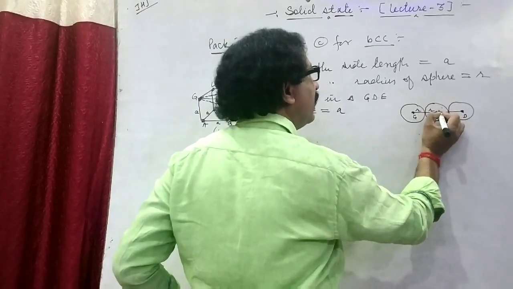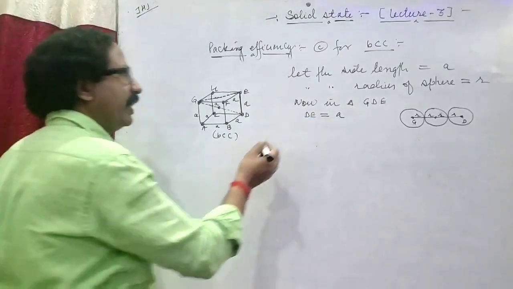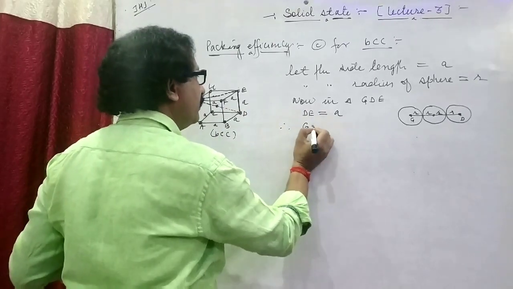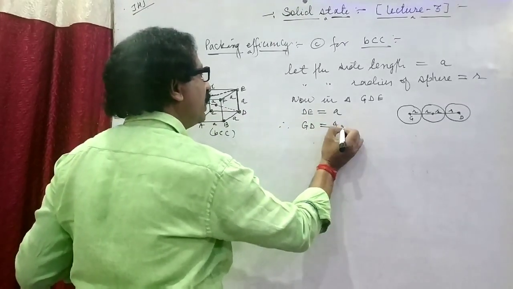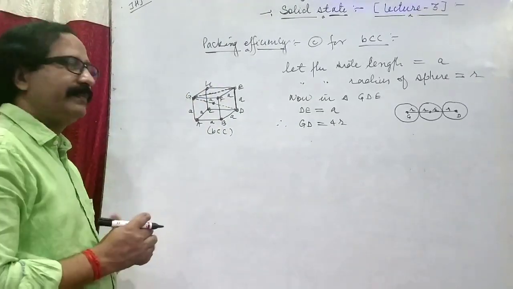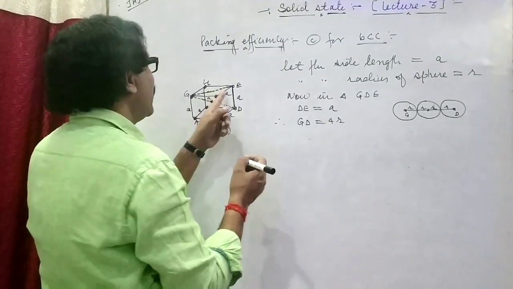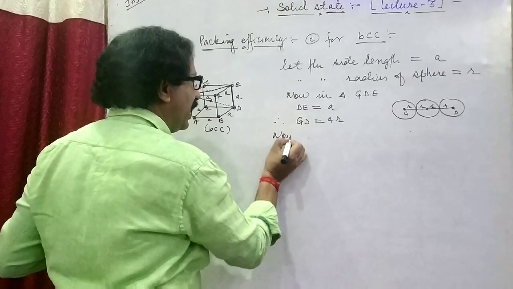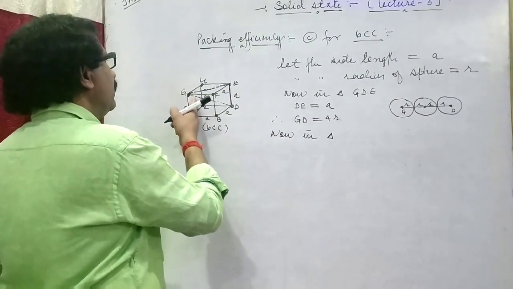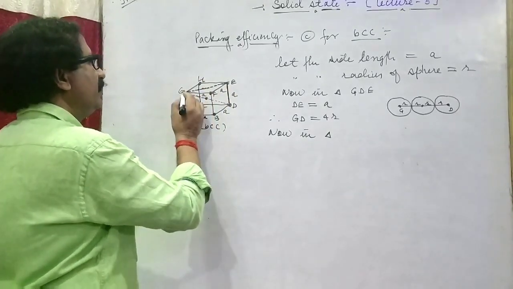Radius R. According to this packing, you can guess. Therefore, GD is equal to 4R. Now, what is the value of GE? To decide the value of GE, we have to select a triangle. Now, this one is triangle GEF.